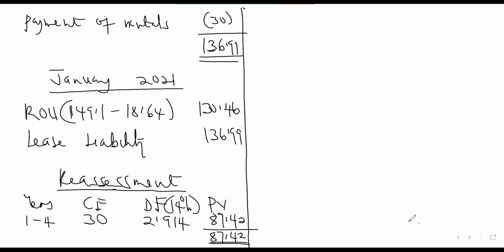Okay, so this is the amount that you should be having as lease liability now. But what is the lease liability in your books? $136.99.